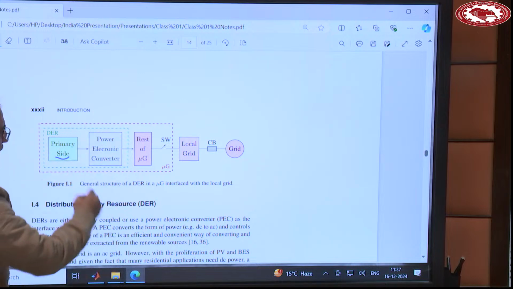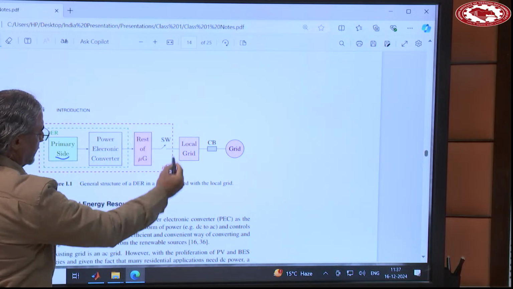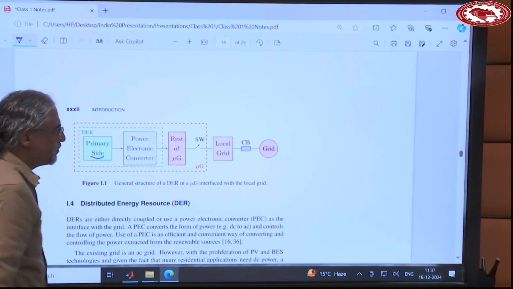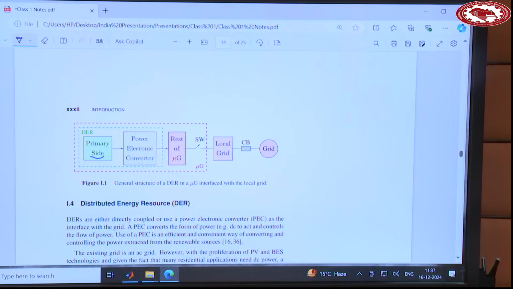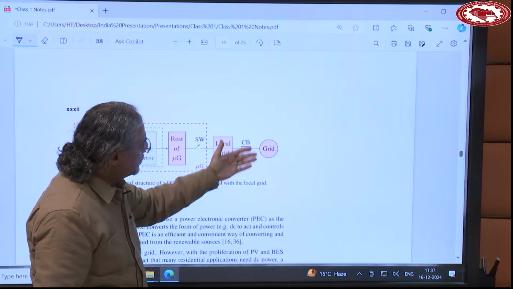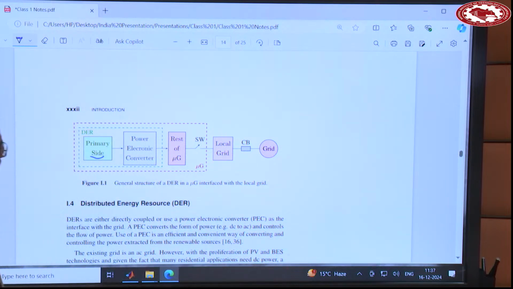Let's say all of them together constitute a microgrid for us, which is connected to the grid at this point. This is a local area grid, and then there is another switch here connected to the larger power grid.